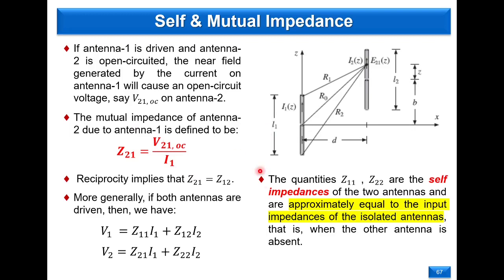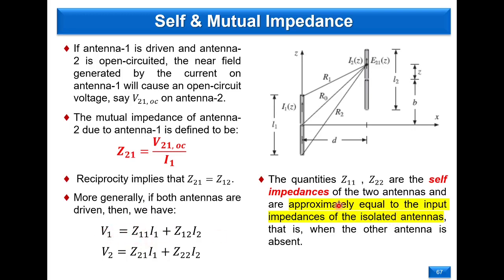If we have the two antennas energized at the same time, the voltage on antenna 1 is Z11 multiplied by I1 plus Z12 multiplied by I2. So the current I2 will induce some voltage on antenna 1, and Z11 is called the self impedance of antenna 1.